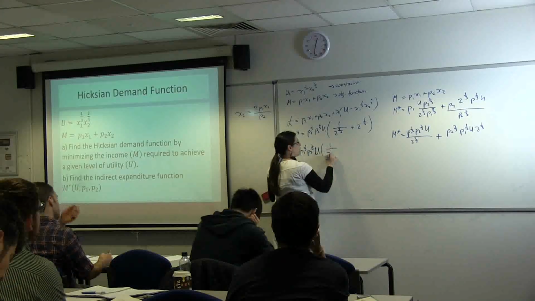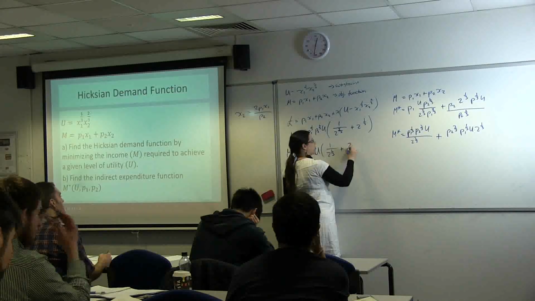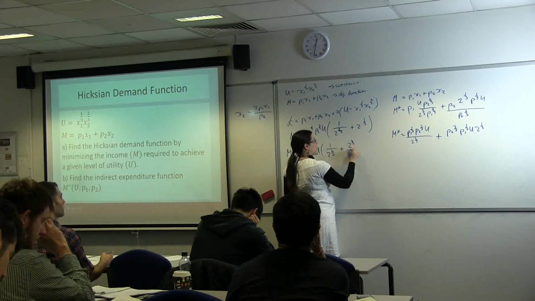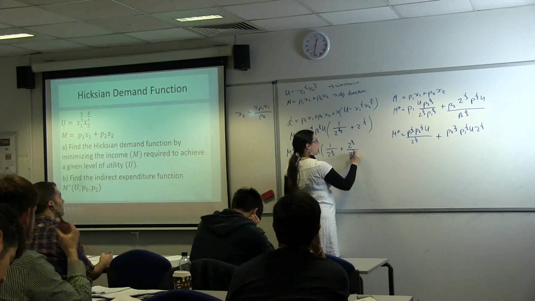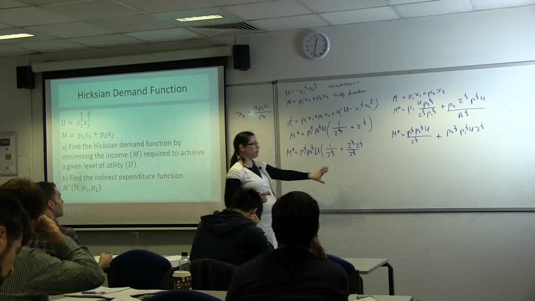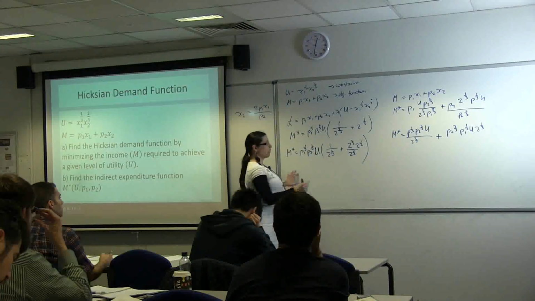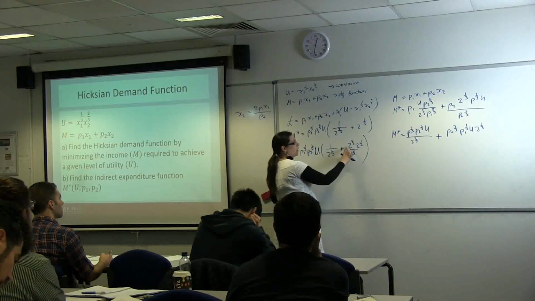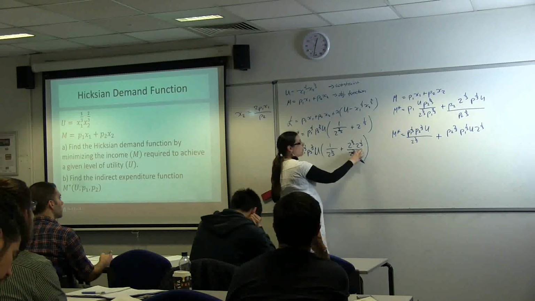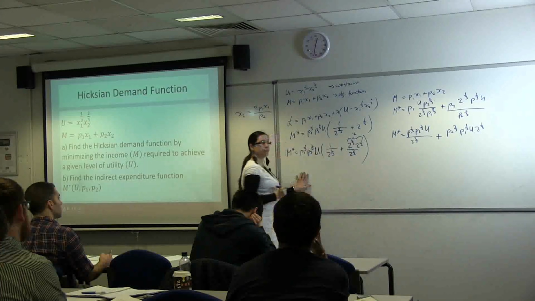So 1 over 2 to the 2/3 will not change, but I'm going to multiply this by 2 to the 2/3 over 2 to the 2/3, so that would be the same denominator. And that's quite handy, because what does it give me? 2 to the 2/3 times 2 to the 1/3, that is just 2.